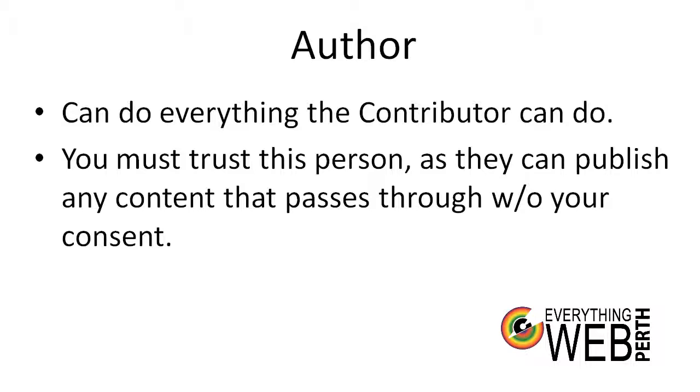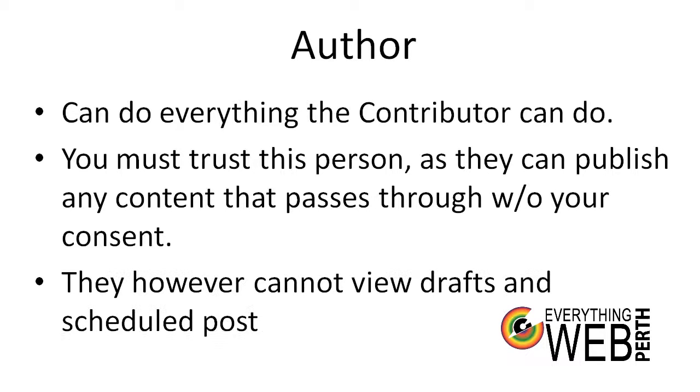So you got to trust the author. The author has a little more power than the contributor. They, however, cannot view drafts and schedule posts. So they have a little more rights, but there is still some limitations to their ability to do certain things.